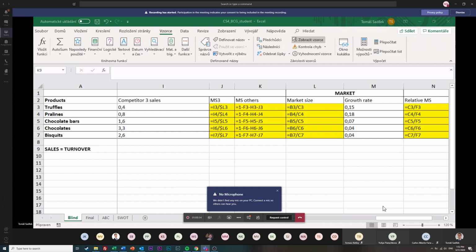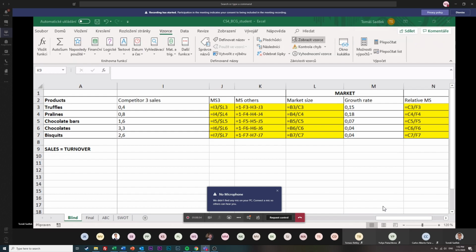So there is again the same table. We can copy the data from the previous table there, on the sheet called final. So it's just copy and paste. And you can see the chart describing these 4 quadrants.